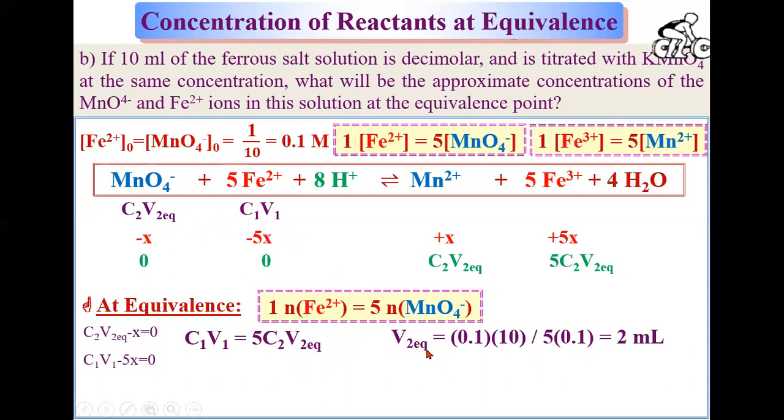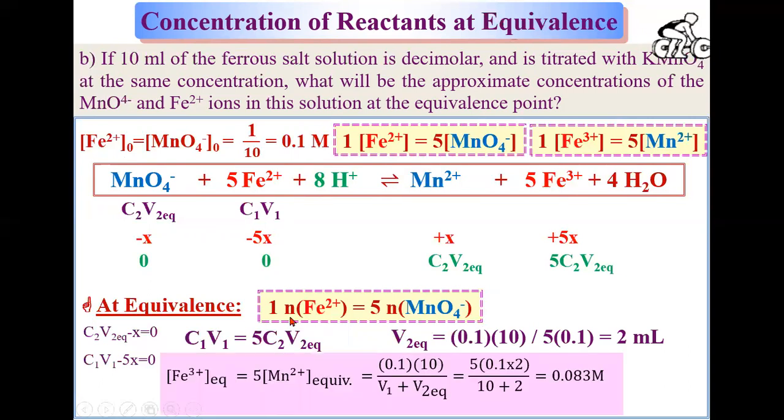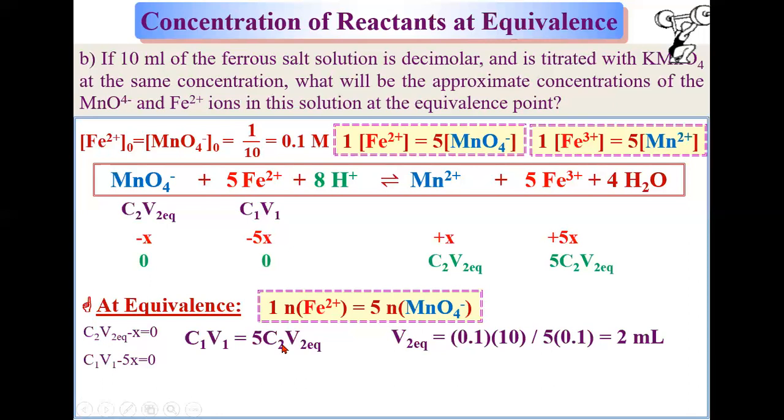V at equivalence equals, I have the concentration C1 now, I have the volume V1, which was 10 mL, that was missing previously, divided by the concentration of the permanganate, and that I can find V2. V2 at equivalence is simply 2 milliliters.